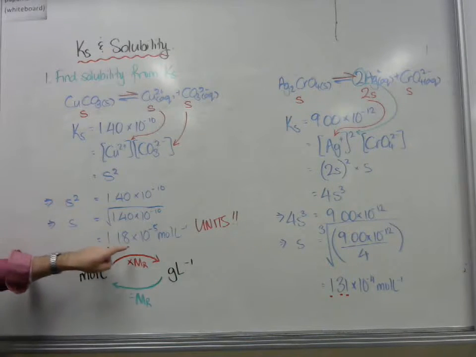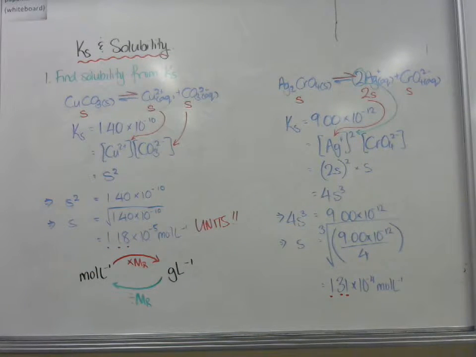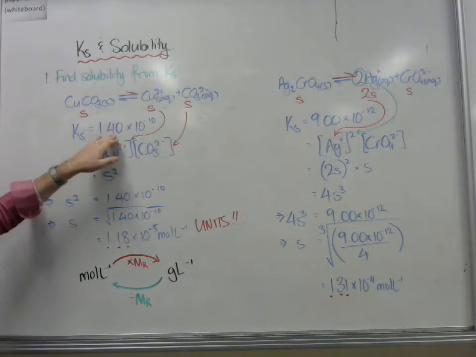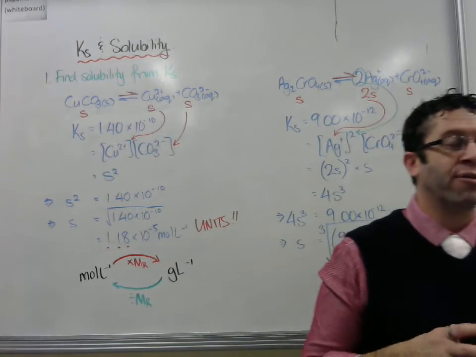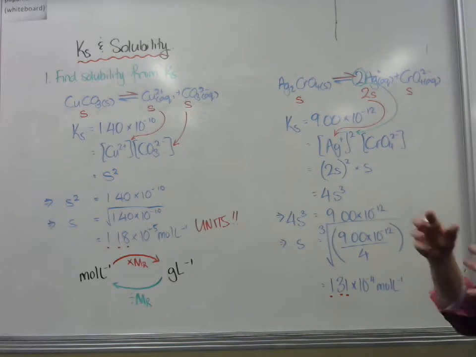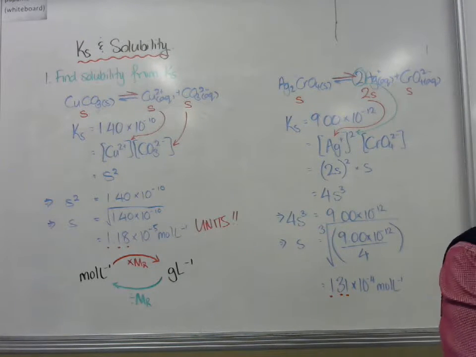I've underlined these three numbers for a reason. Could anyone guess why? Good. An excellence criterion is that you give your final answers, not your working, your final answers, to three significant figures. So you have to do that.